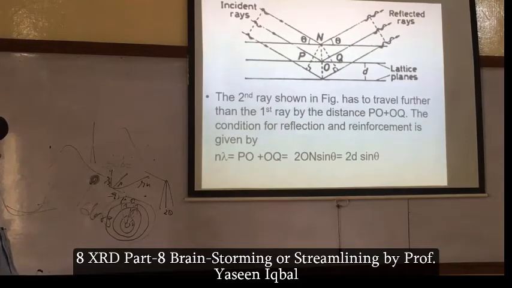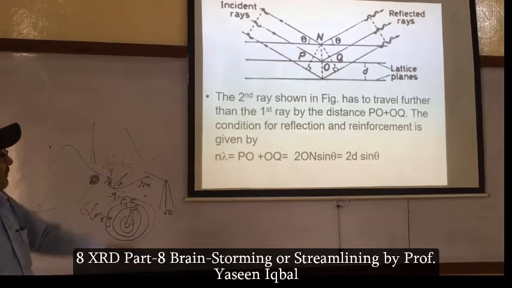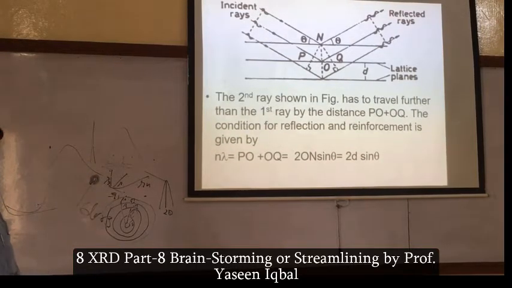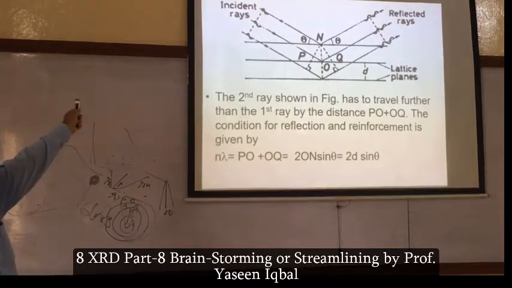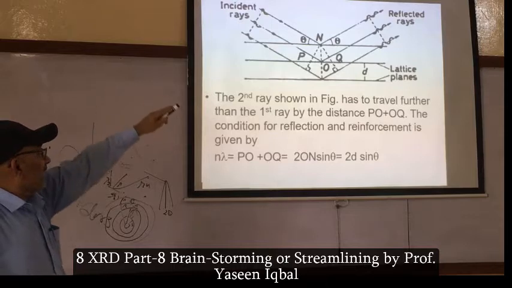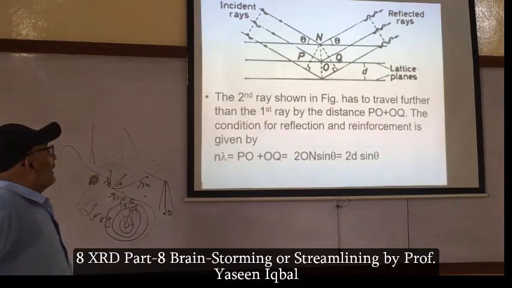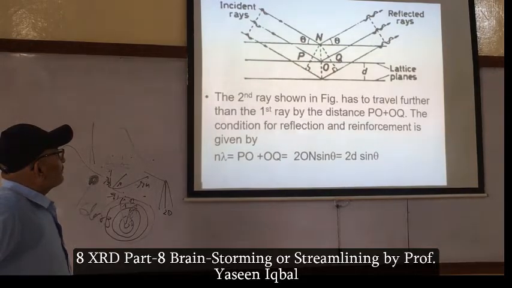Here, the incident beam goes up to the plane and is diffracted from there, making an angle theta of incidence with the sample and angle theta of scattering with the plane.